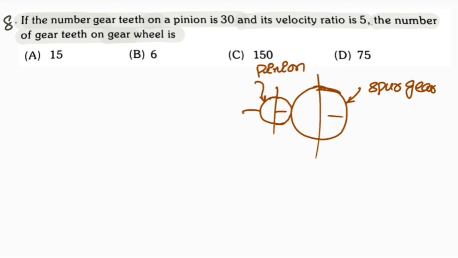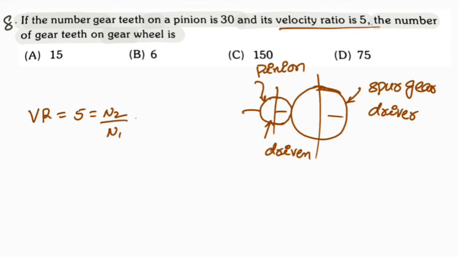Now let this be the driver, and this the driven. Here the speed ratio or velocity ratio is given as 5, equal to n2 by n1, which is equal to t1 by t2. Since the pinion is the smaller gear, it maintains more speed than the driver.